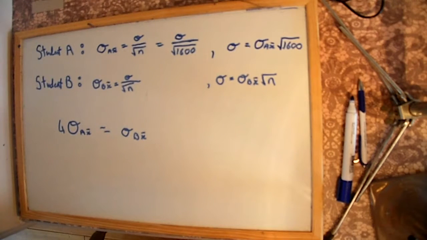For that reason we're able to equate these two sample standard deviations, so that we have 4 times the standard deviation of A is equal to the standard deviation of B.